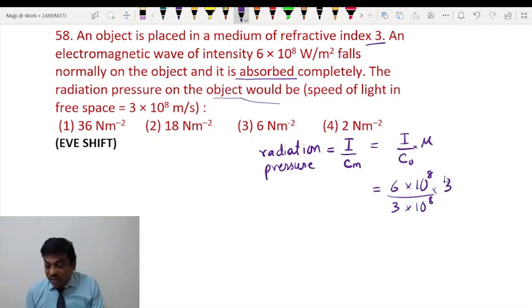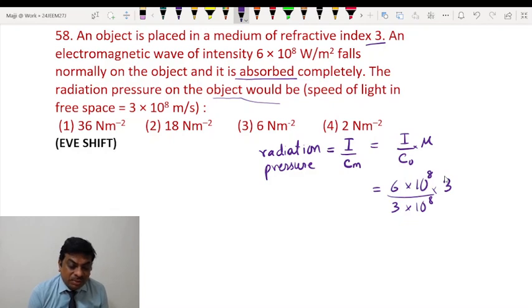Even though refractive index cannot be 3, they have given it. As I told you students, it's purely memory based. In the books, it's clearly mentioned that diamond has the maximum refractive index, and it might go somewhere close to 2 point something.